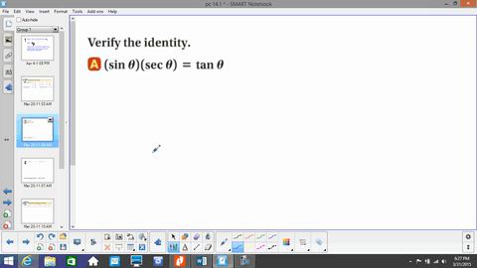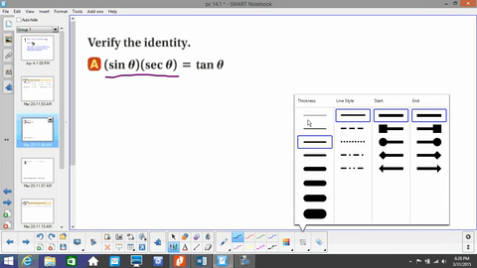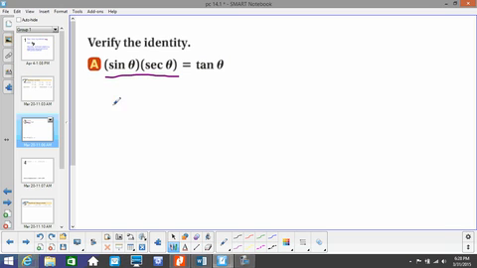So, if I wanted to verify this identity, when I'm verifying an identity, I choose one side, and that's the side that I'm going to work with. I'm going to leave the other side alone. So I'm going to make this left-hand side look like the right-hand side. I have found that it's usually easiest if I write everything in terms of sine and cosine.